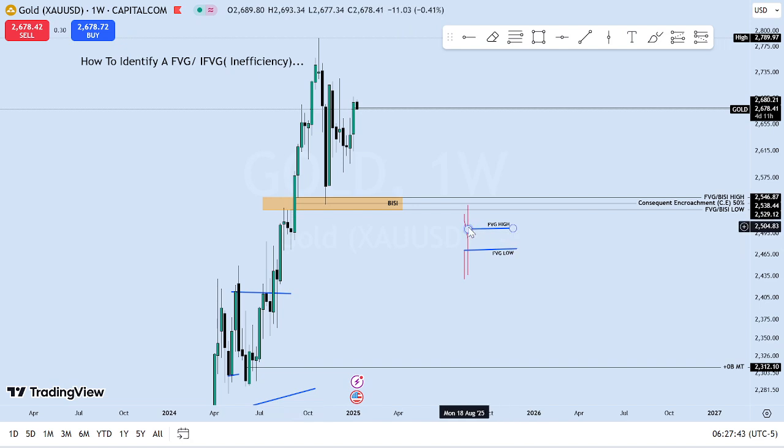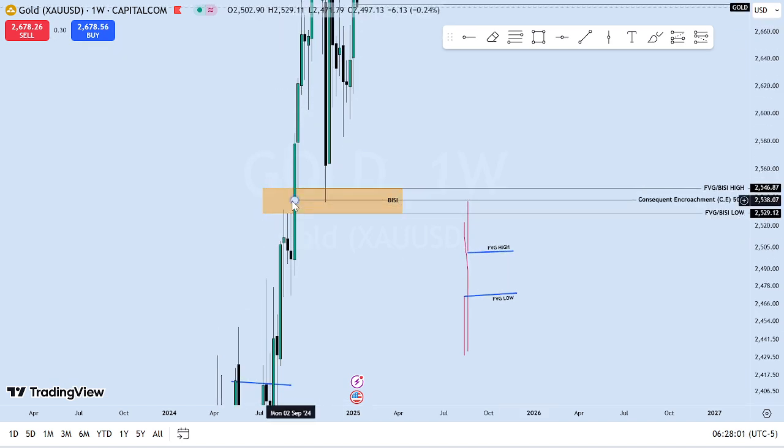The third candle's low acts as the fair value gap high, while the first candle's high acts as the fair value gap low. Then your consequent encroachment is where you'll be expecting price to deliver into, at the half of the inefficiency, which is the fair value gap.